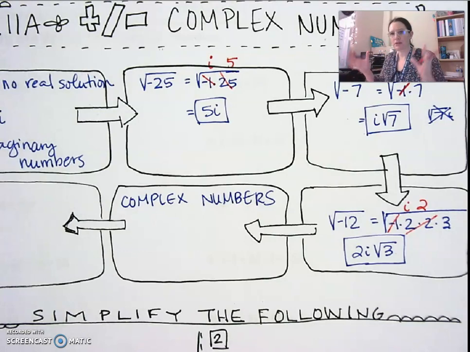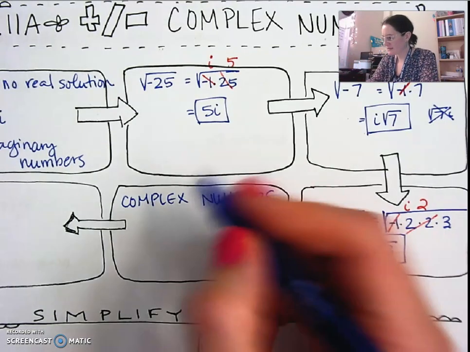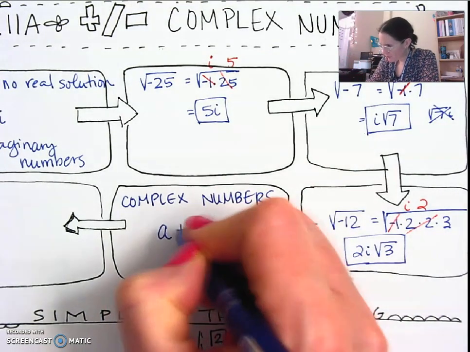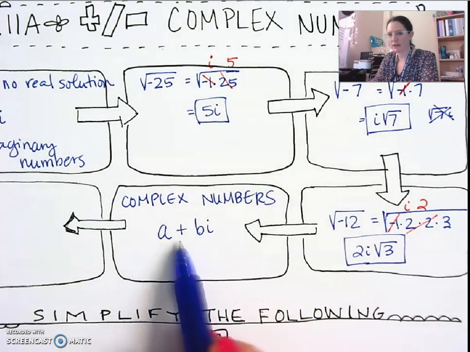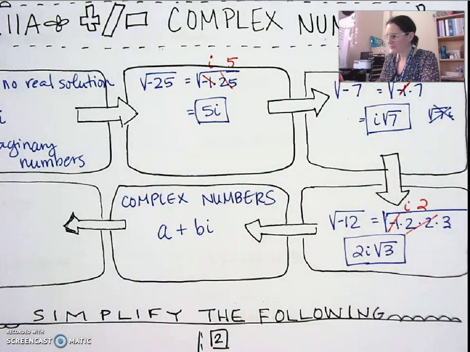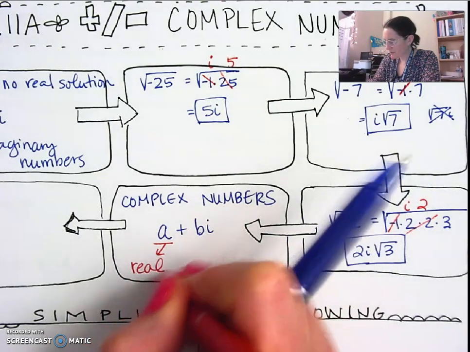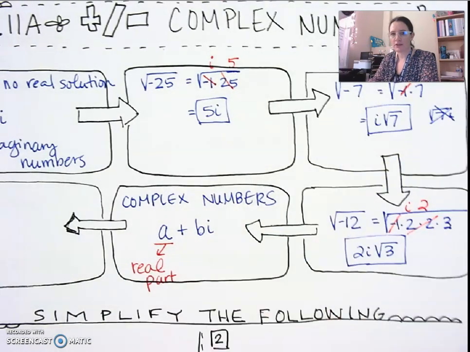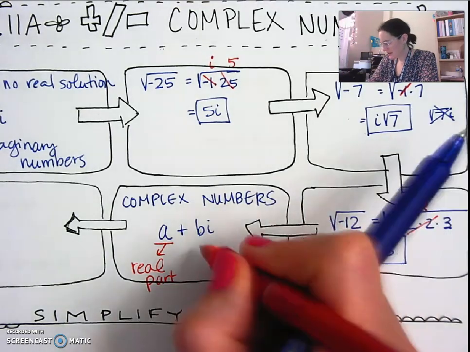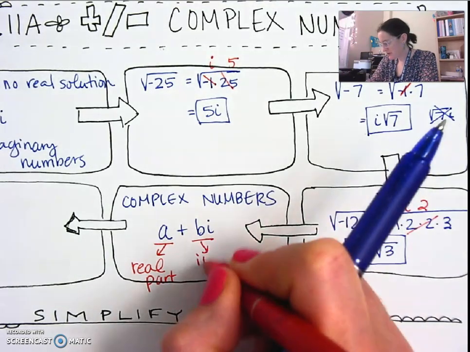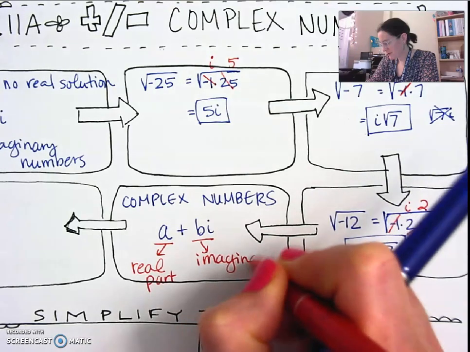Those together make one big set of numbers called the complex numbers. And the general form for all of those numbers is a plus bi, where a stands for the real part of the number, the part that belongs in the real number system, and bi stands for the imaginary part of the number.